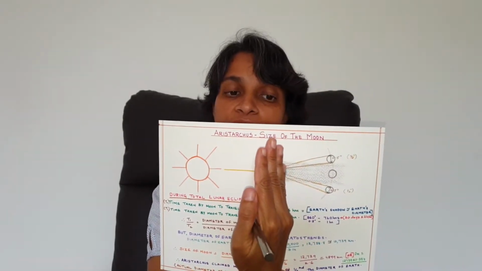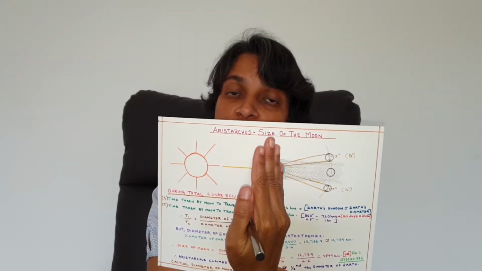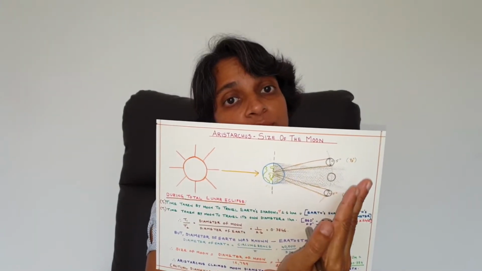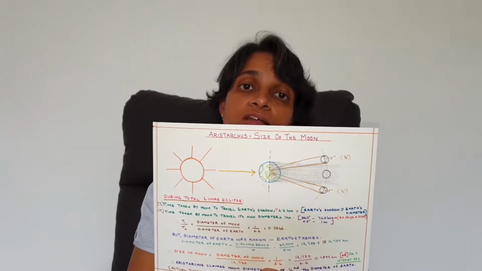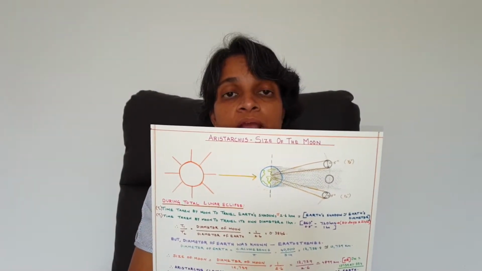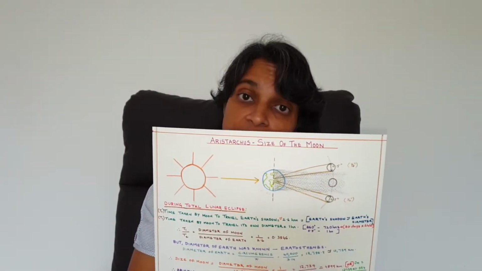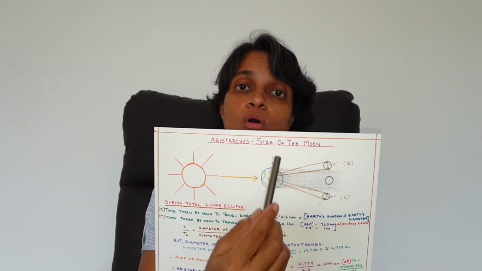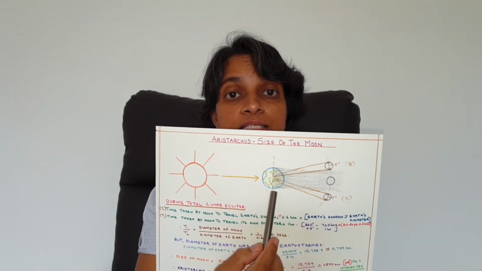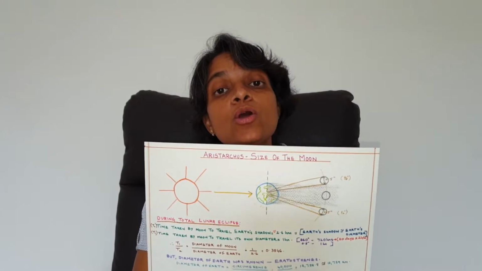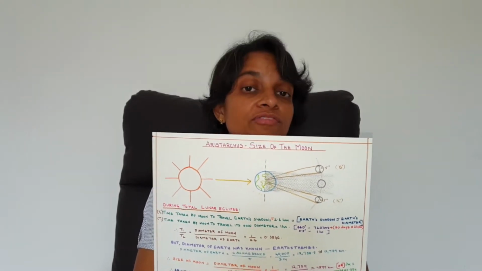Aristarchus knew this, and he came up with an assumption that the shadow of the Earth is approximately equal to the diameter of the Earth.